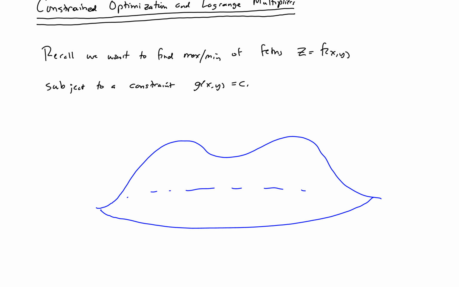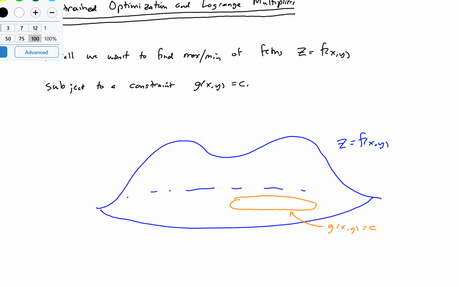This is our surface z equals f of x y, and we're not interested in the overall surface. We want to look at some constraint down here, g of x y equals c. This is where we only look at x y's that satisfy that curve.